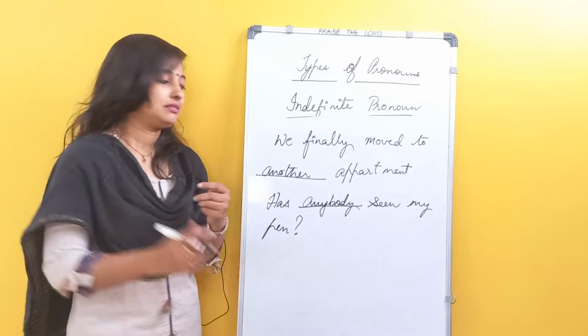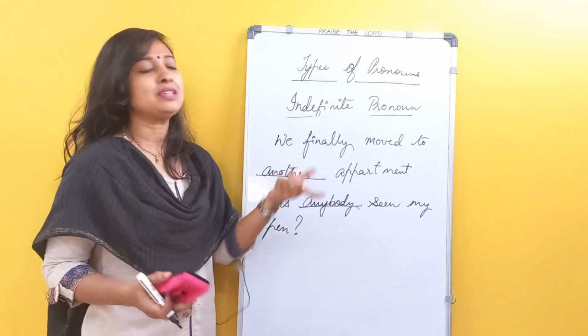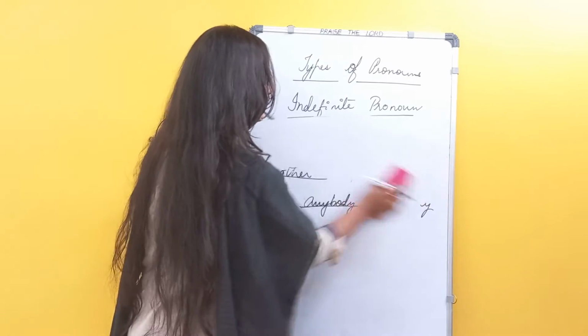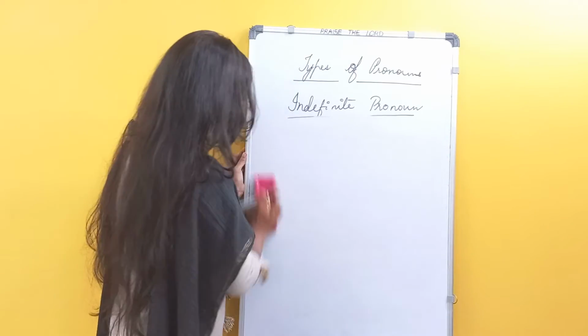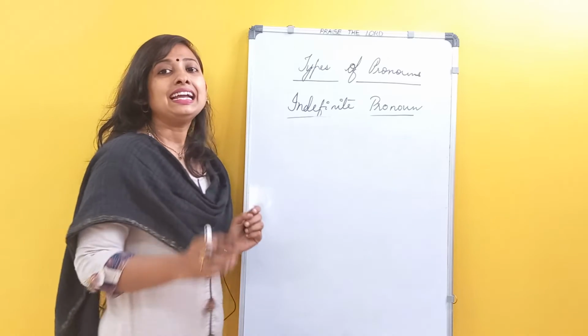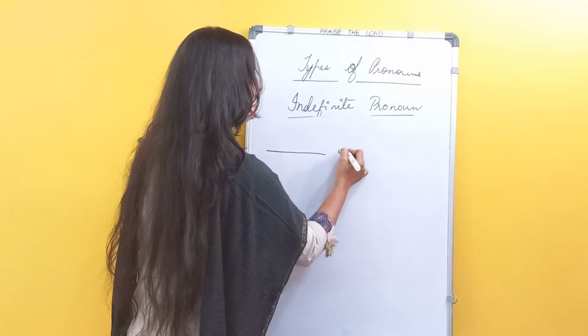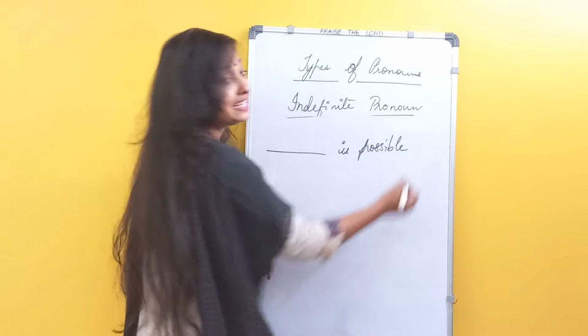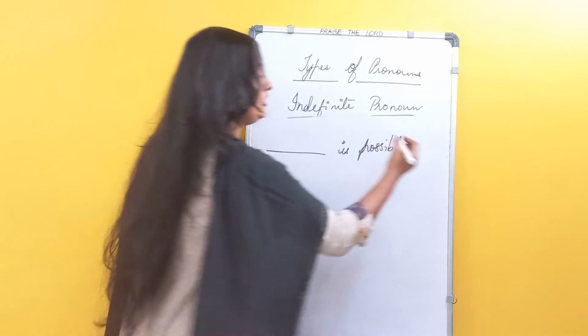Right? Next. I am just giving you some sentences wherein you might have heard about it so that you can easily fill them. Next. Dash is possible if you believe.